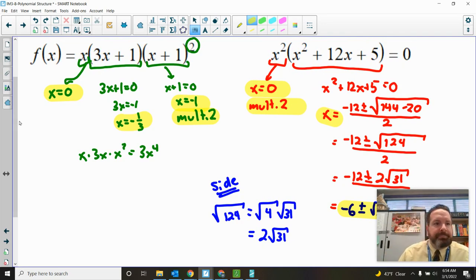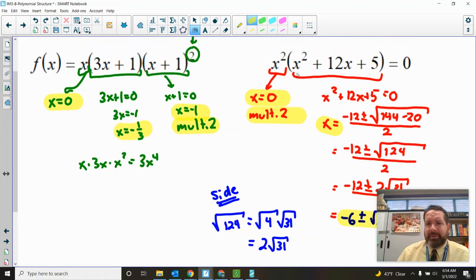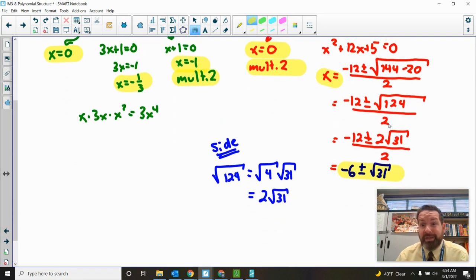So here's what we see. I've got x equals 0 occurring as a root, but it occurs twice. That exponent of 2 here means I need to list that multiplicity as 2. For the other two roots, now I say there's 2 because this has an exponent of 2. That means I need to use my quadratic formula.